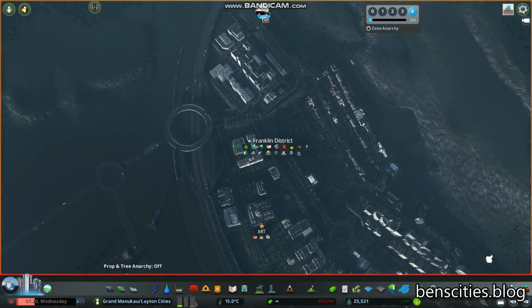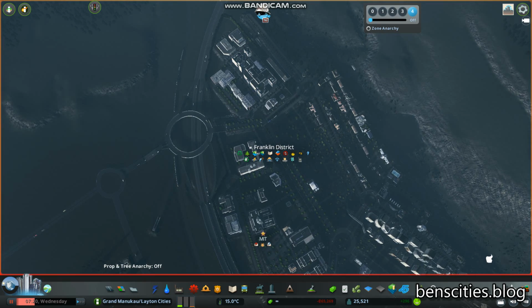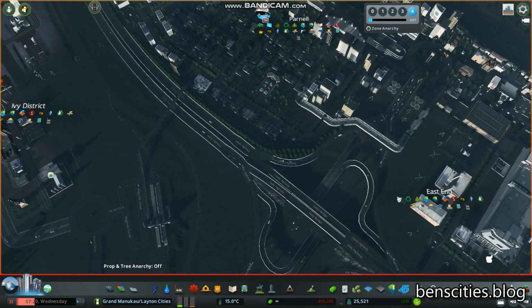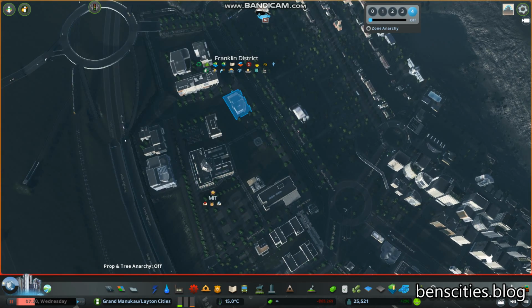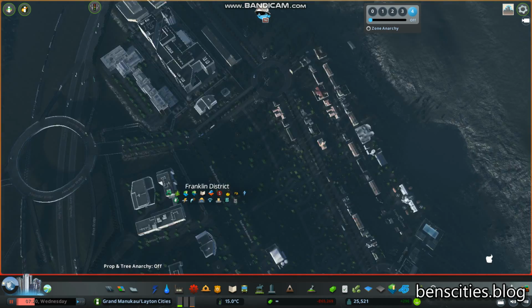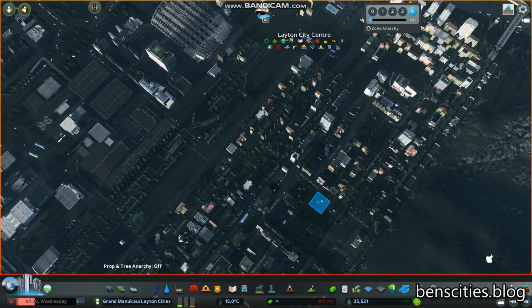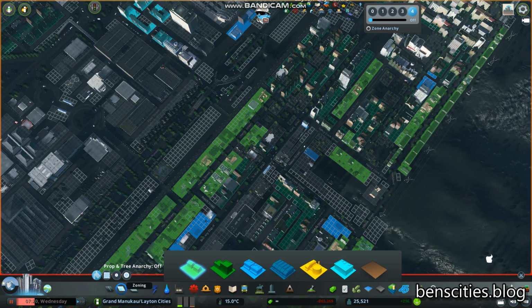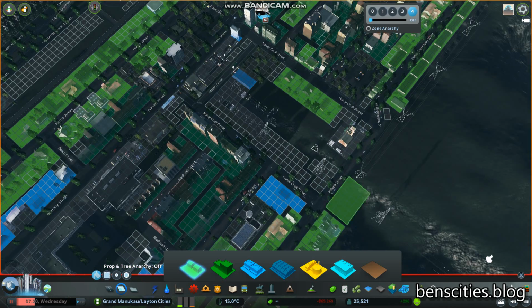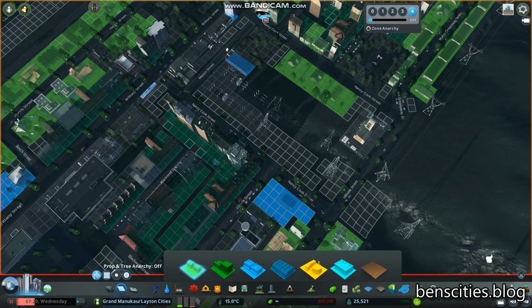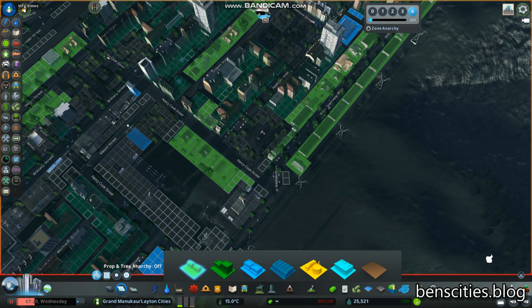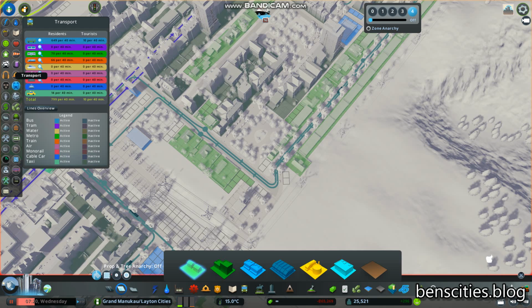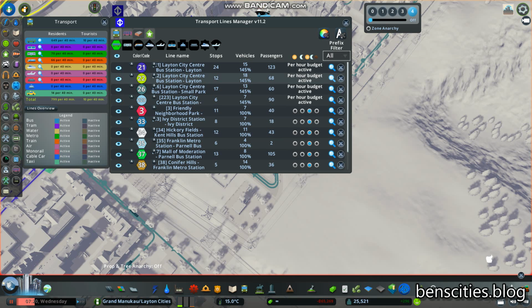The expansion is just adding on from where you last left off. So in that series we had left off at the East End. Since then Parnell has established, as well as MIT and the Franklin district. And then consolidation is just backfilling or upzoning and periodically checking your transport system, which I did offline.